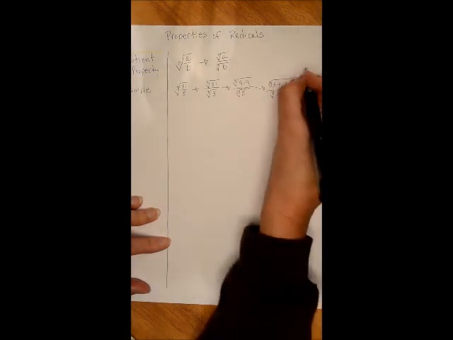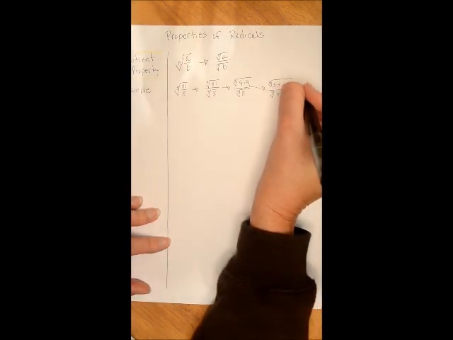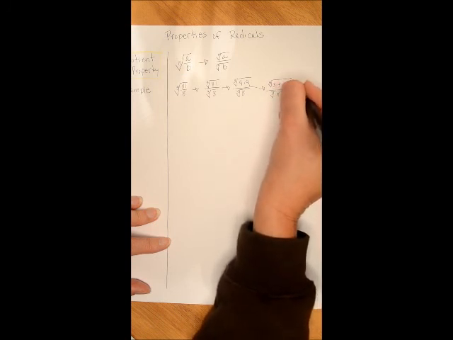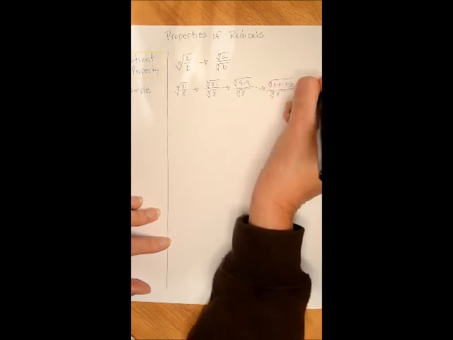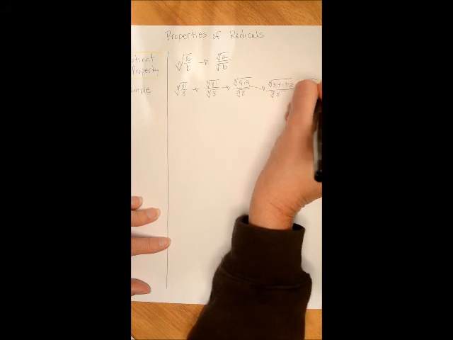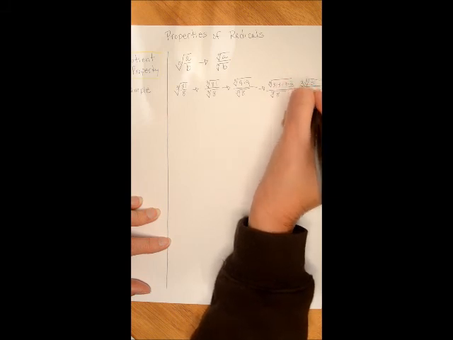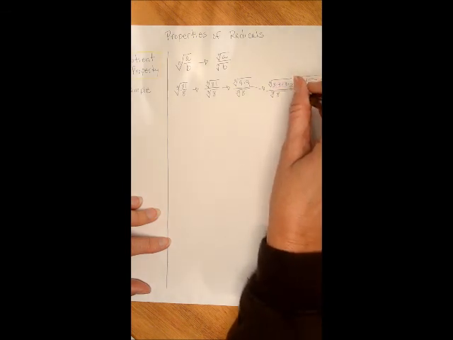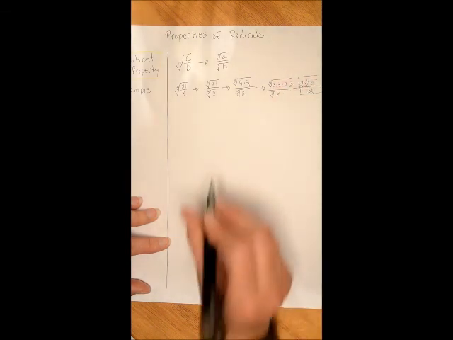So my answer here is going to be, let's see if I can write it. Oops, I forgot my 3. Here's my 3 from the purple, cube root 3 all over 2. And that's going to be my answer. Okay, and that's my answer.